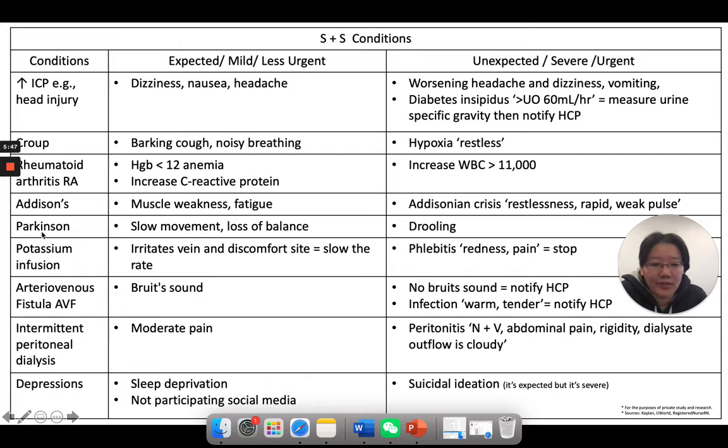And again, for example, Parkinson's: if they have slow movement, loss of balance, we know it's expected. It's less urgent in comparison to drooling, which has to do with the airway, because there's a risk of aspiration. That's how I remember. Some questions say, here are the following three conditions and signs and symptoms of them.